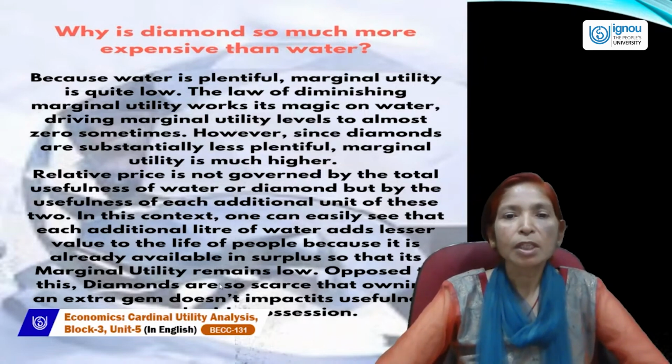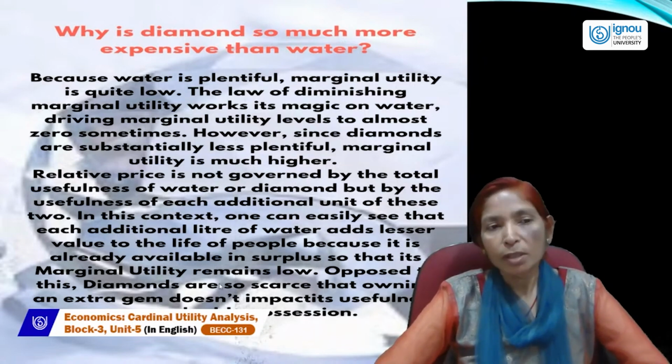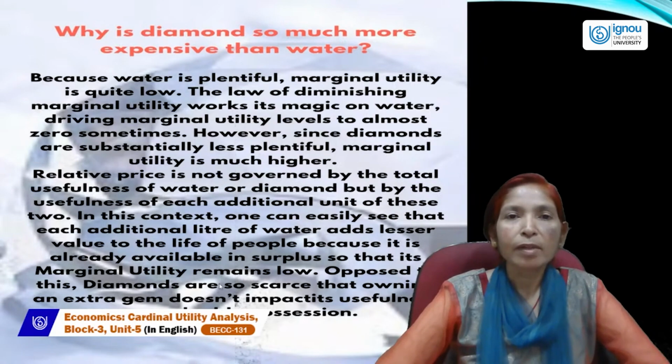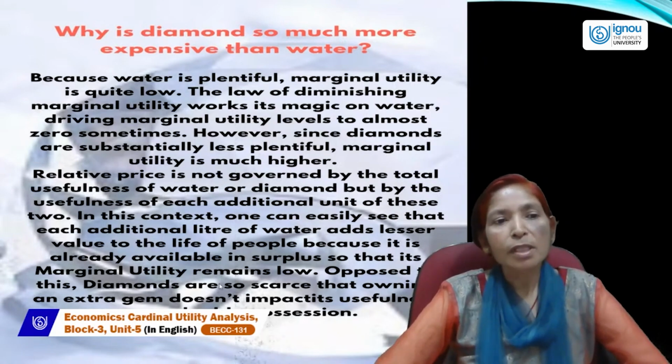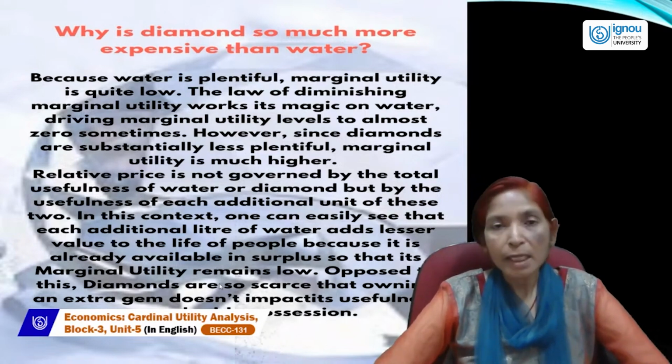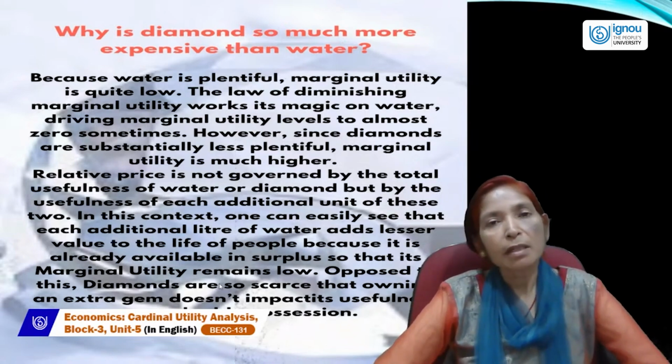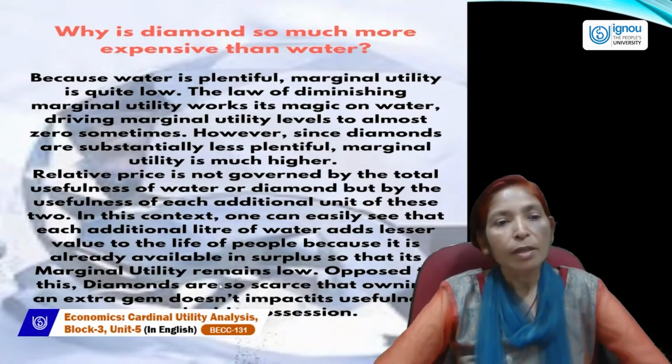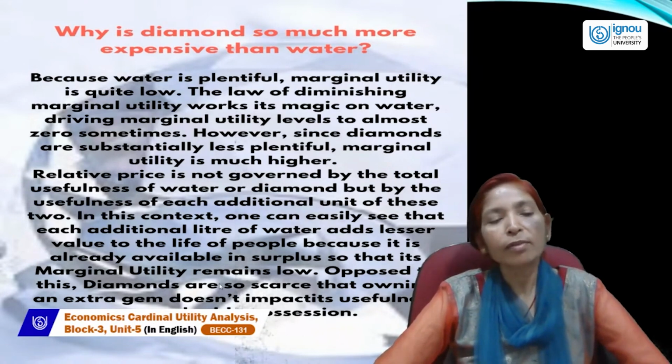The law of diminishing marginal utility works its magic on water, driving marginal utility levels to almost zero sometimes. However, since diamond is very rare, less plentiful, very scarce, the marginal utility of diamond is very high, and that's why the price of diamond also remains high. Relative price is not governed by the total usefulness of water or diamond, but by the usefulness of each additional unit of these two.